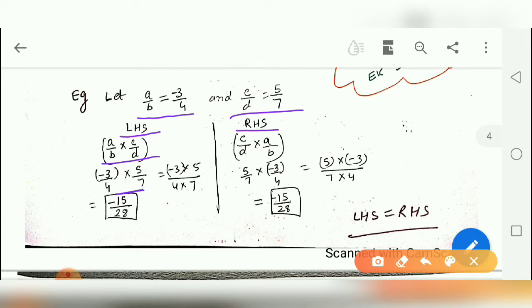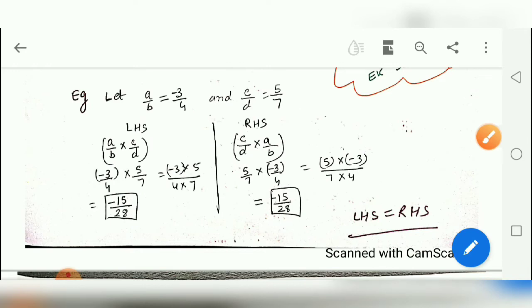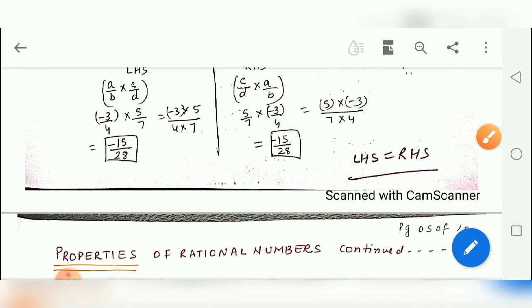Here I have multiplied and the answer is negative 15 upon 28. Now on the right hand side I have changed the order, c upon d into a upon b. Now 5 upon 7 is the first rational number and the second is negative 3 upon 4. If I multiply, I will get negative 15 upon 28 as the answer. So left hand side is equal to right hand side. So we can multiply two rational numbers in any way.